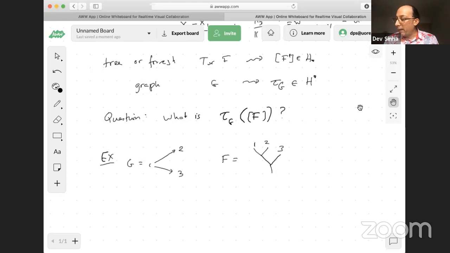So we're asking, and let me put this one as the unit vector going up, and this one's the unit vector going to the right.